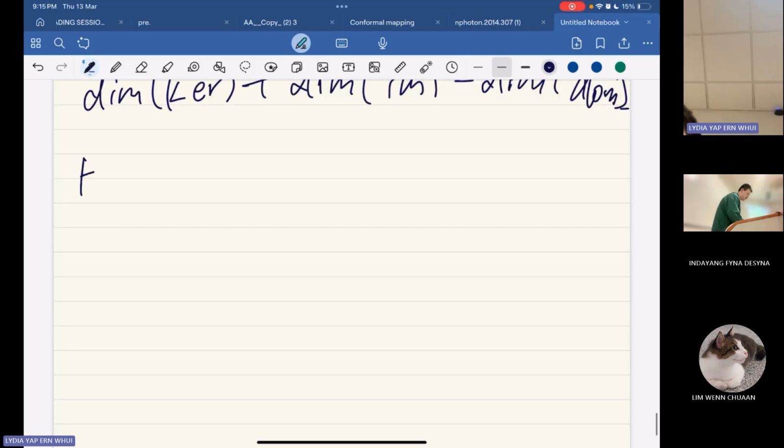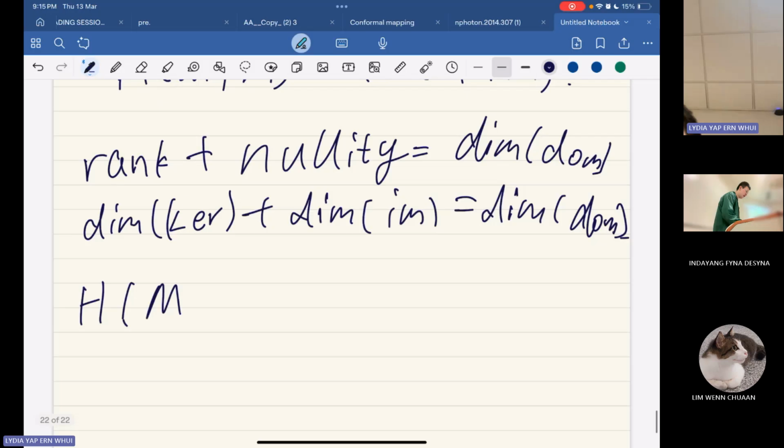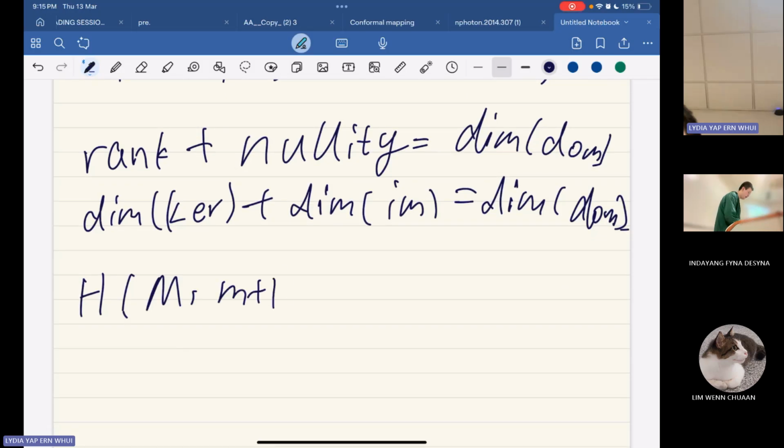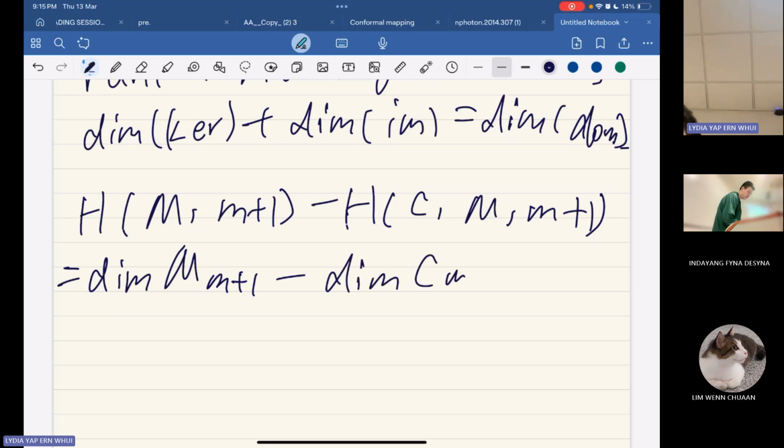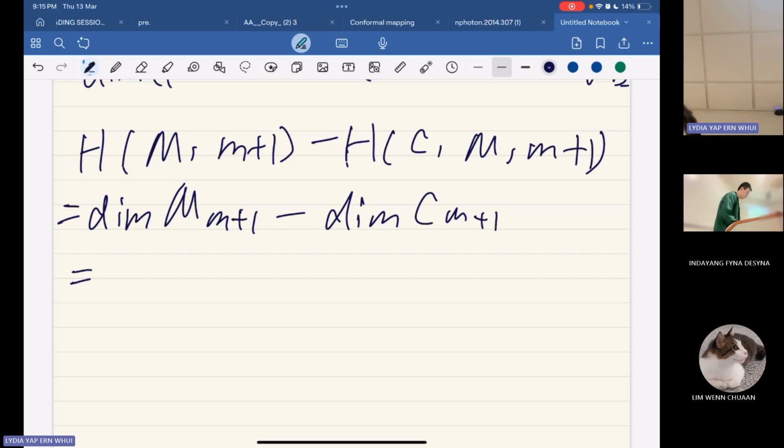We see that here the left side is HM(m+1) minus HC(m+1). This is equal to the dimension of M(m+1) minus the dimension of C(m+1), right? And what is this thing equal to?